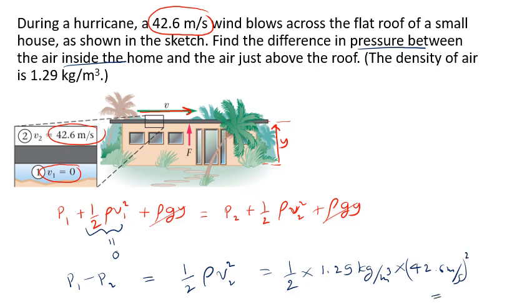If you solve this one, that will give you the pressure difference between the inside of the home and just above the roof. So the answer is 1.17 times 10 to the power 3 pascals, or you can write it in the other unit, kilopascals. So this is the pressure difference.